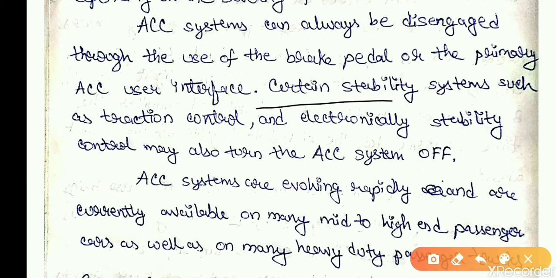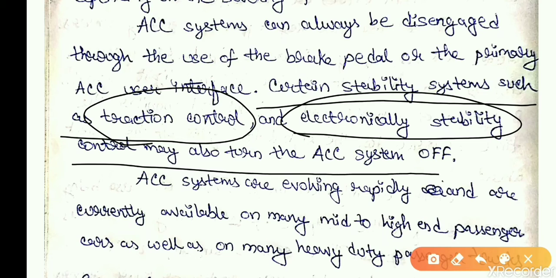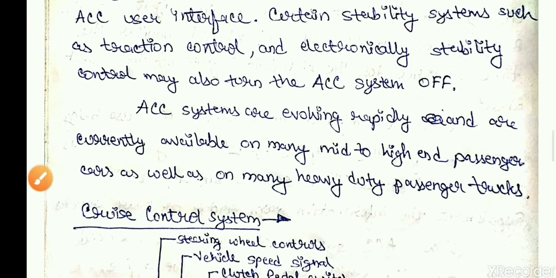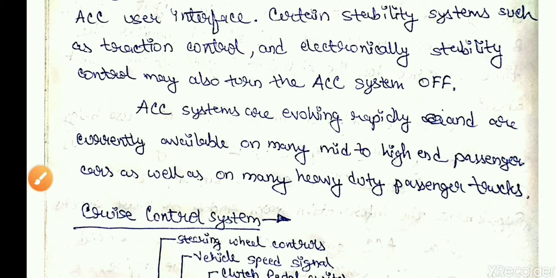Now see, certain stability systems such as traction control and electronic stability control may also turn the ACC system off. So these are the two systems: traction control and electronic stability control of your vehicle.